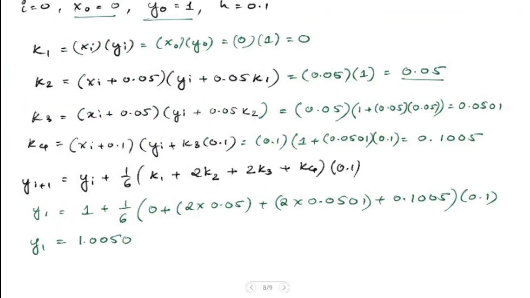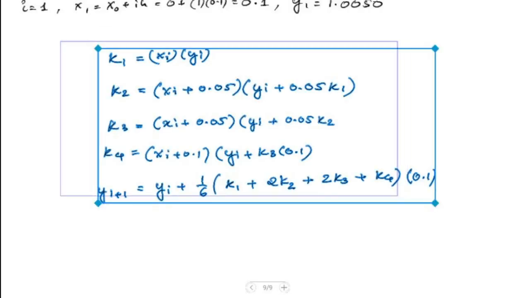So that's x1, and y1 we just calculated already, which was here, that's 1.0050. So we have here 1.0050, and now we'll again solve it for all the equations here.